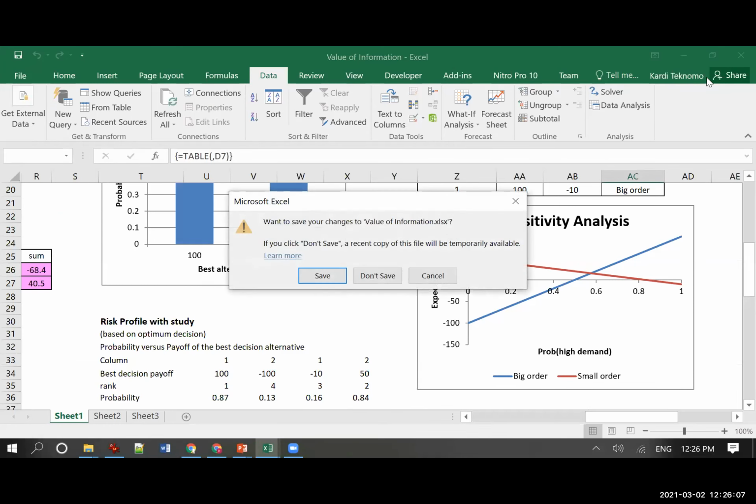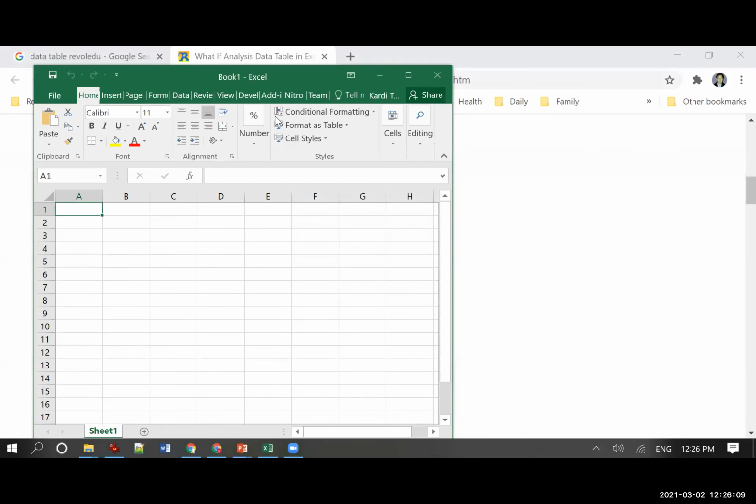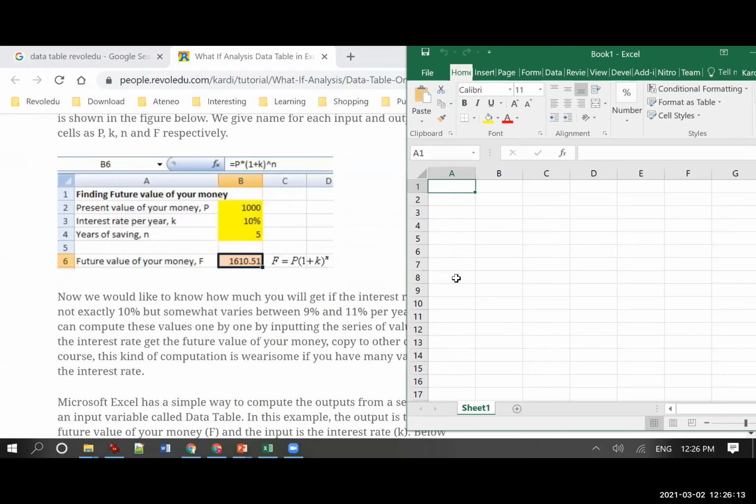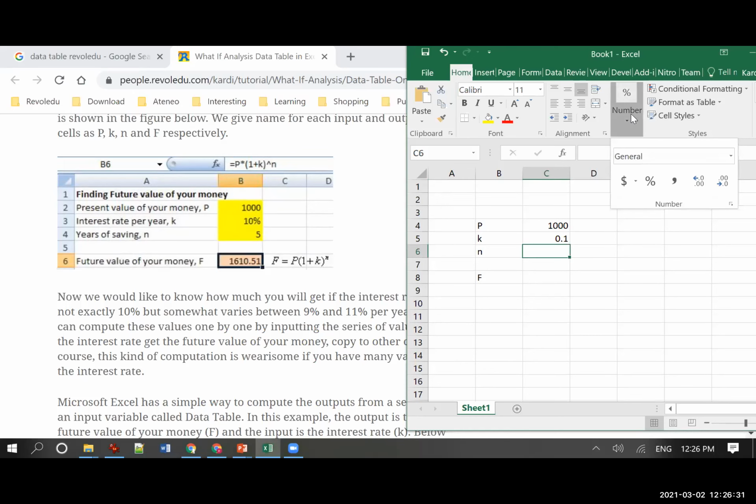Okay, I will close this value of information. So I created this new Excel here. Can you see it? And I will put P and K and N, right? And then F. Because this is a number, I will put 1,000 here, say 0.1, it is in percent, sorry.